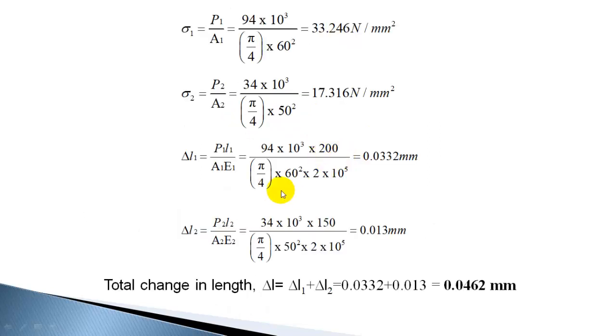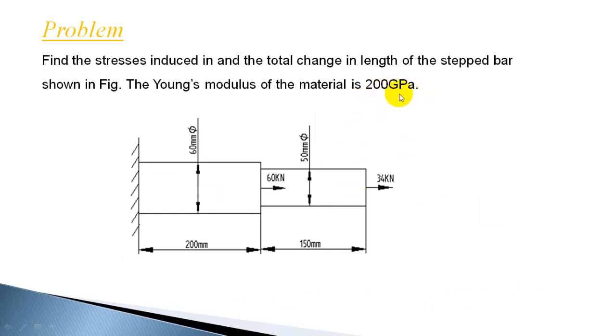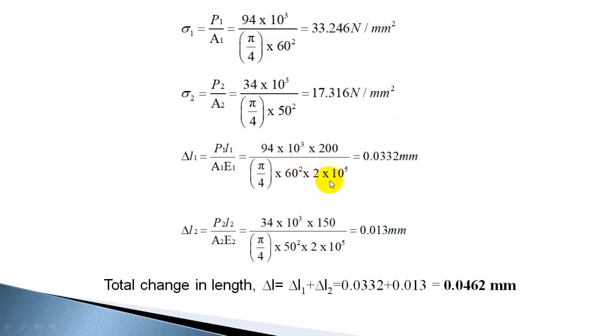Area of cross section pi by 4 into diameter square, and Young's modulus, 200 gigapascal, is given. Gigapascal conversion to Newton per mm square is 200 into 10 raised to 3 Newton per mm square. So 200 into 10 raised to 3 means 2 into 10 raised to 5 Newton per mm square. So this will give the elongation in that first portion as 0.0332 mm.